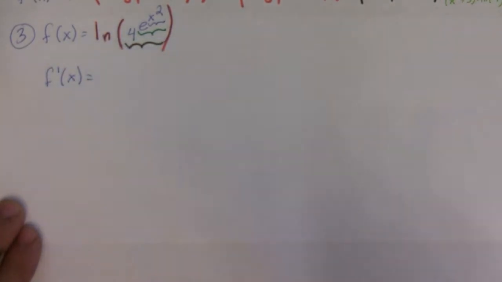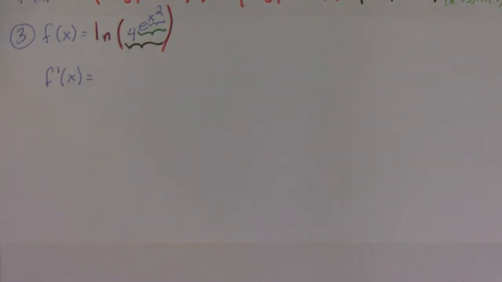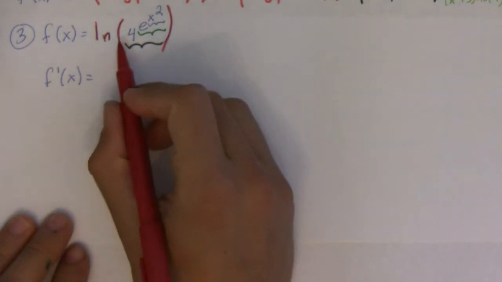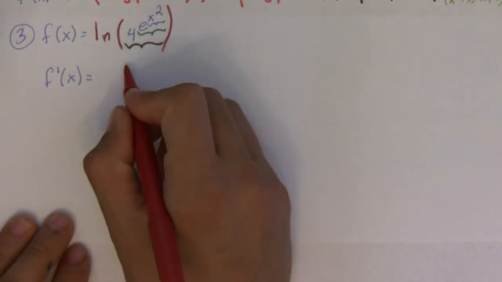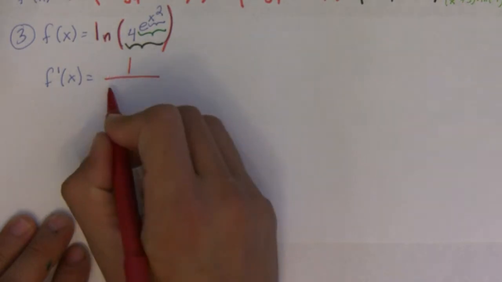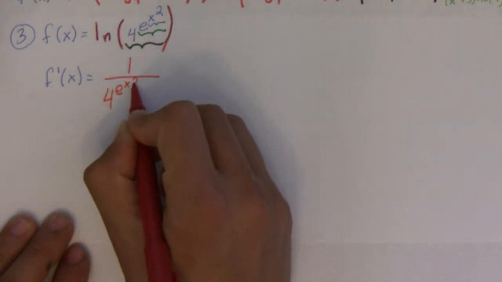So let's work through it how we usually do it. The derivative of the natural log, remember, is 1 over x. And so here the derivative of natural log of all this stuff is just going to be 1 over all of that stuff.